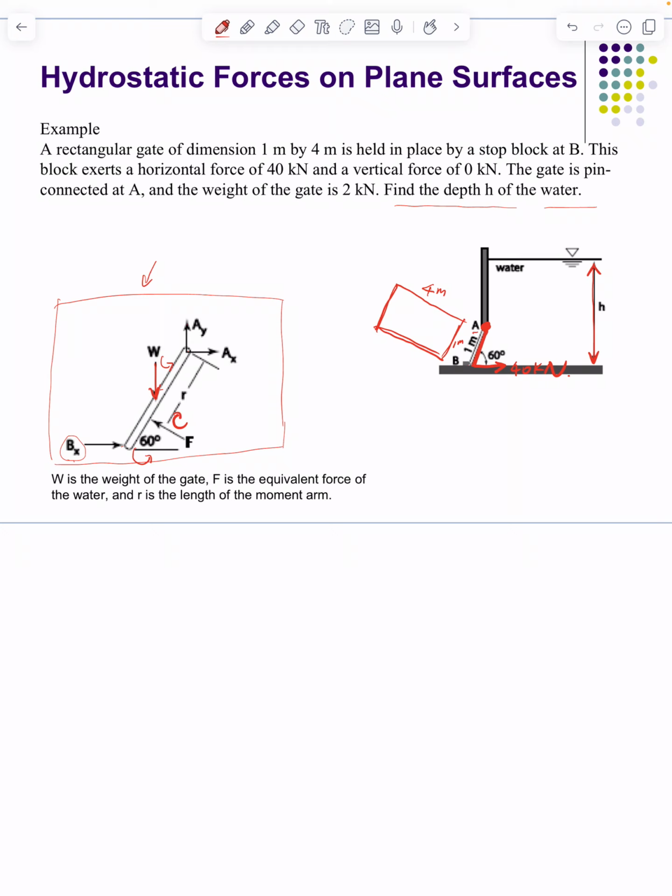So theoretically, all these forces should balance around A. This A is the fixed point. So then it's a torque balance, right? And torque equals F multiplied by R.